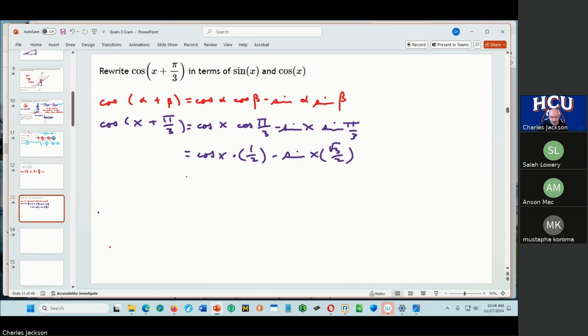So now we've written it in terms of sine and cos.